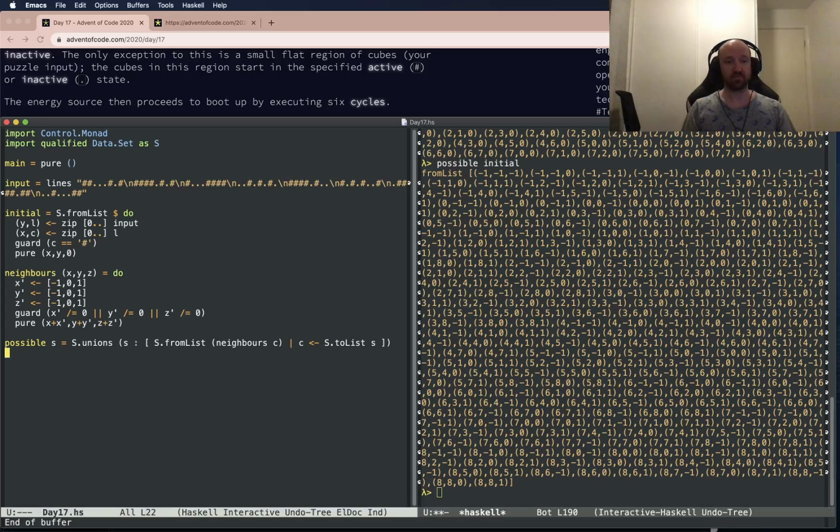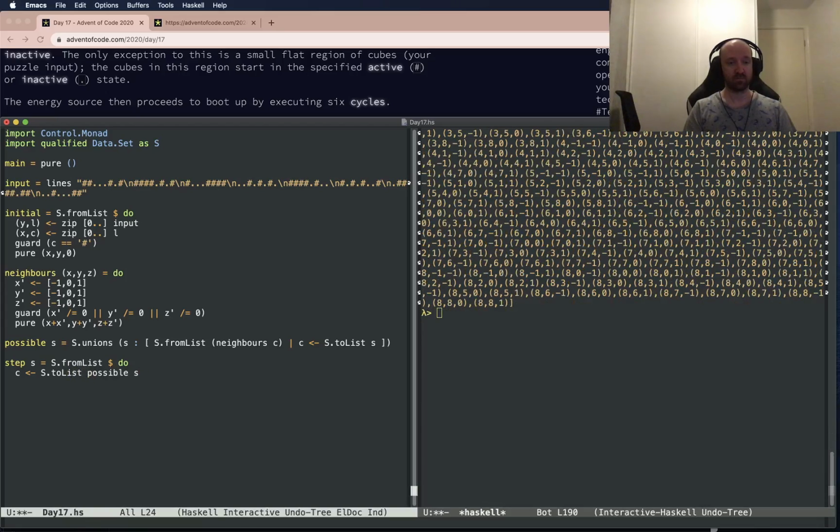And then we need to compute. We just need to filter these. Okay, so next, step S equals S from, so the computer list will say for each C in possible S. So for each coordinate, let's get the current state.